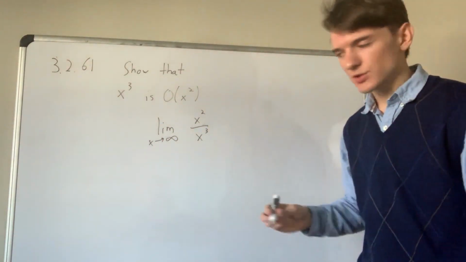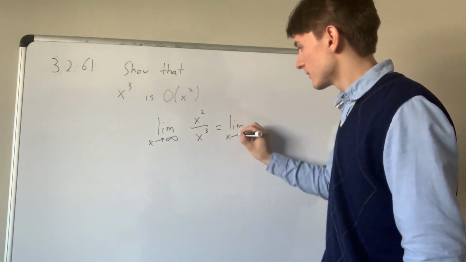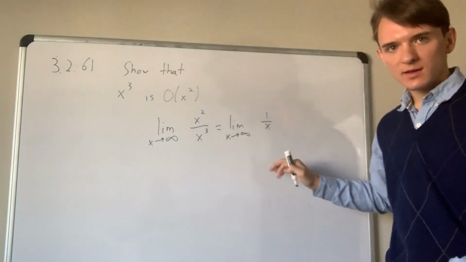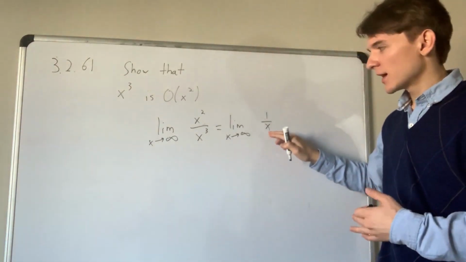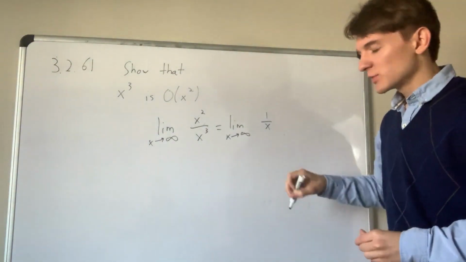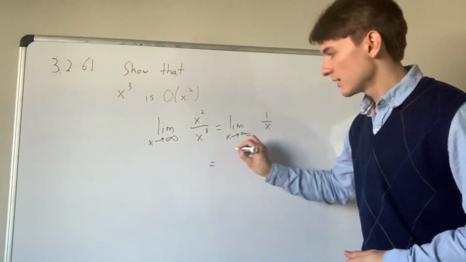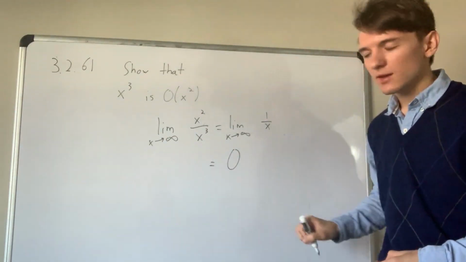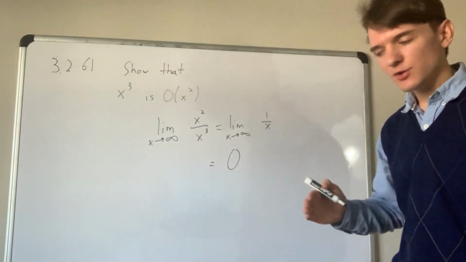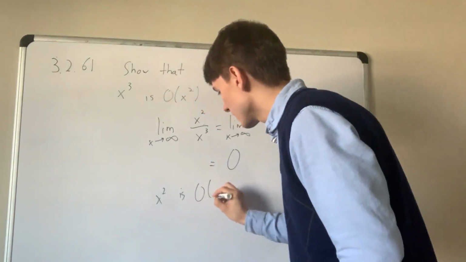From here, we just do some algebra. We get that the limit is 1 over x. Now, anything with 1 over x, where x is approaching infinity, just becomes 0. So at the limit of this expression, we get 0. And when you've solved the limit and 0 is your answer, then you can say that x squared is big O of x cubed.